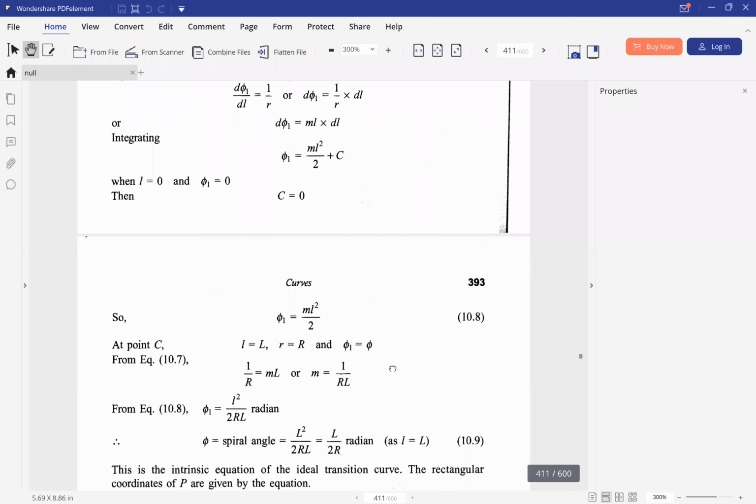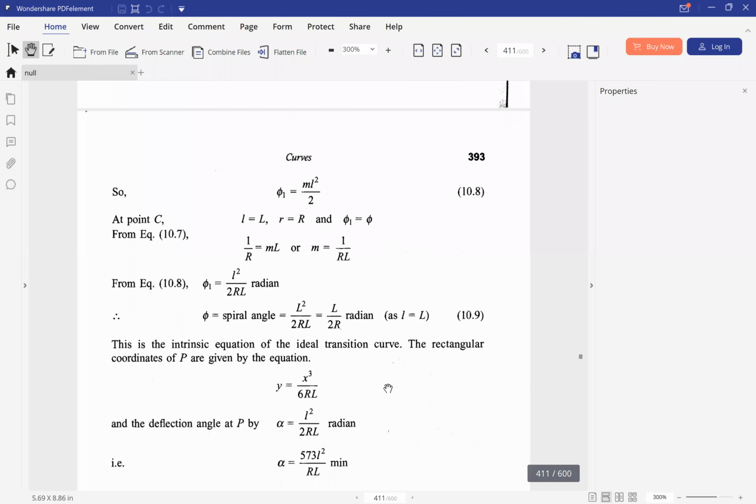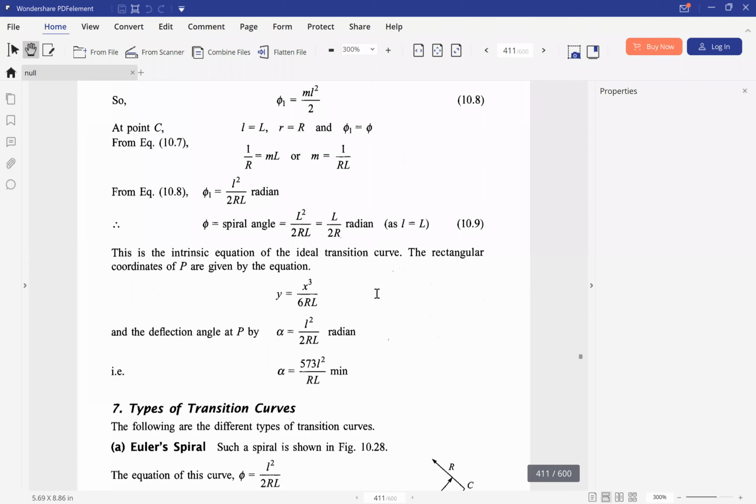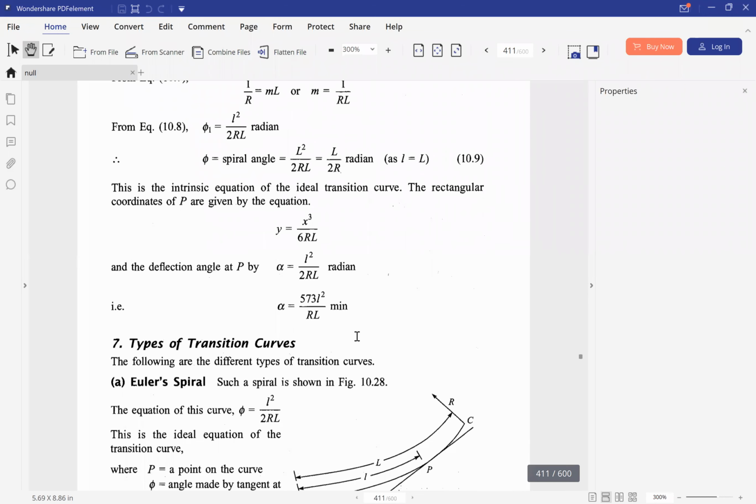For that, you can use either the coordinate method or the deflection angle method, right? So we will be using this equation: alpha is equal to 573 l square over capital R L, where small l is the length of your transition curve, capital R is the radius of the circular curve.